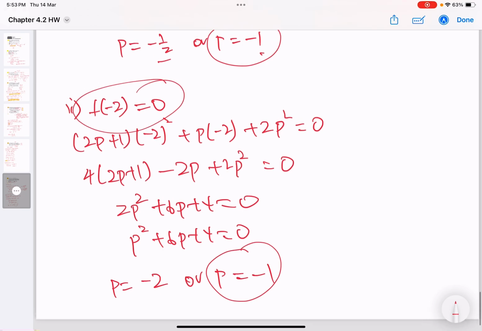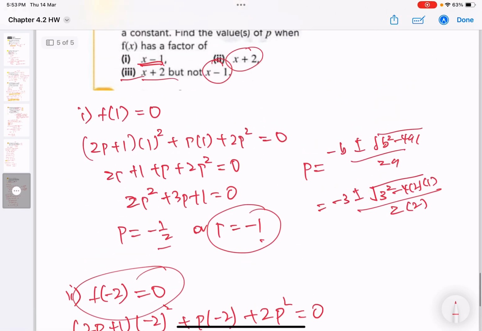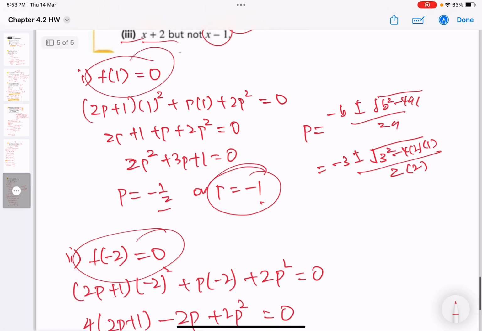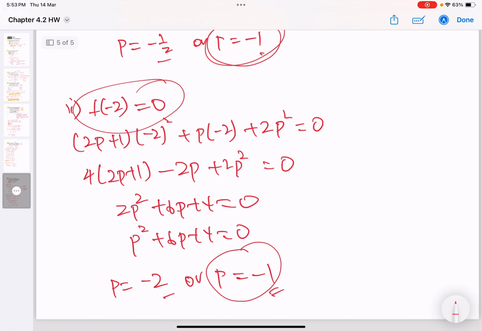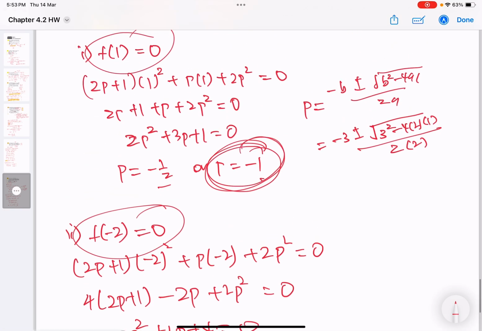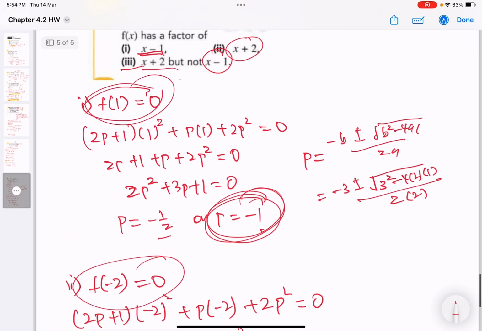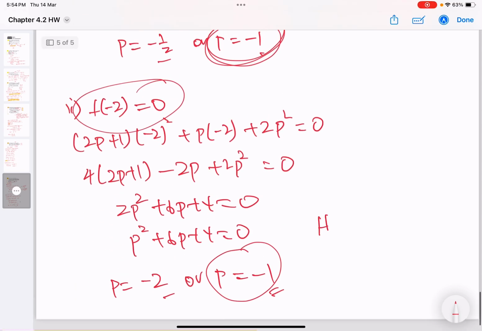We know that it has two answers, negative 2 and negative 1. But we know that this is not a factor, so we cannot accept p equals negative 1, even though both have p equals negative 1. Because I know that if p is equal to negative 1, then x minus 1 is a factor of f(x). So, hence, for part 3, p is equal to negative 2, because p cannot be negative 1. So this is a really, really simple one.